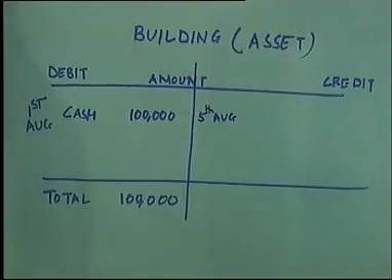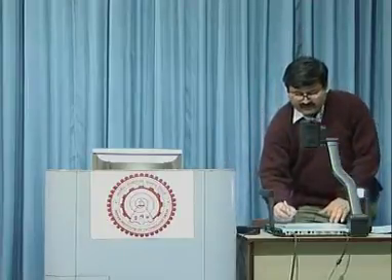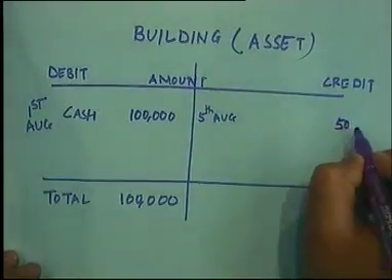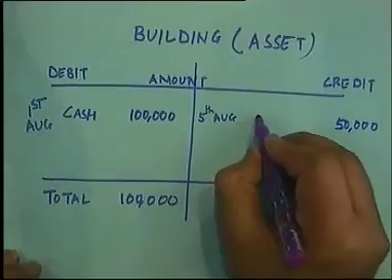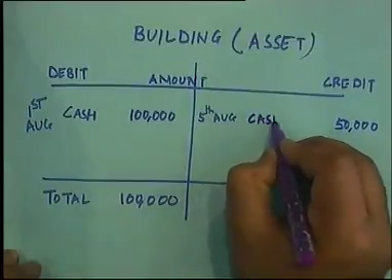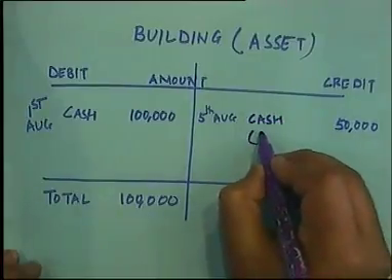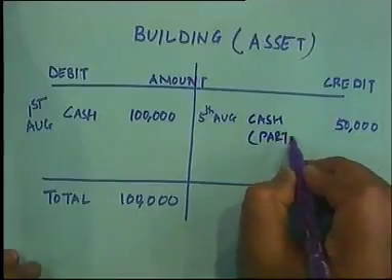Sale of part of the building has reduced the building asset value. That means there is a decrease in building asset. Now, decrease in asset you record it under credit side. So, you would have recorded it here. Under credit side, you will say cash, maybe you can write part building sales.